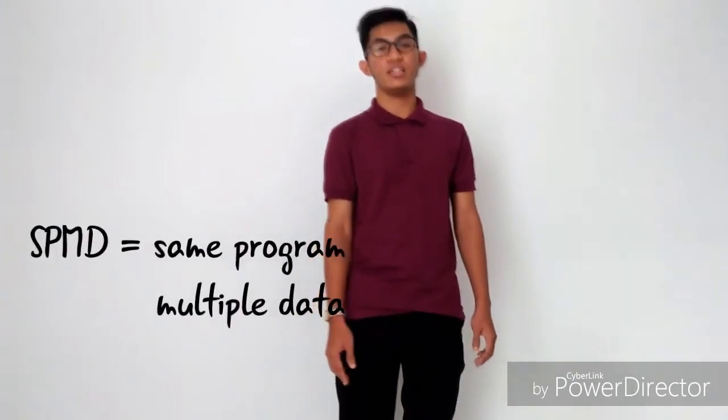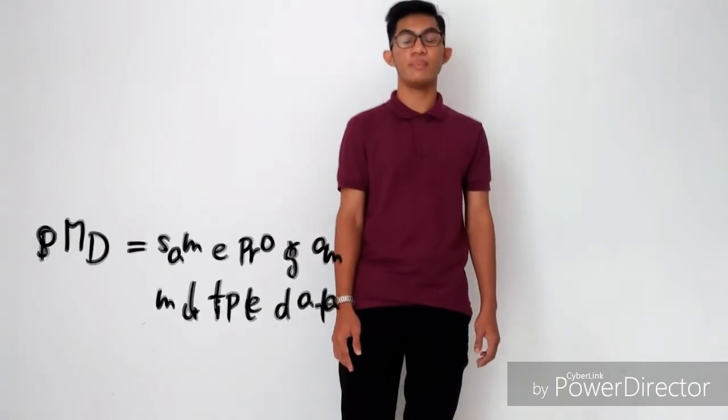The process decides what to do according to R and S. The process selects a subset of input data according to R and S. This concept is called SPMD, or same program multiple data.